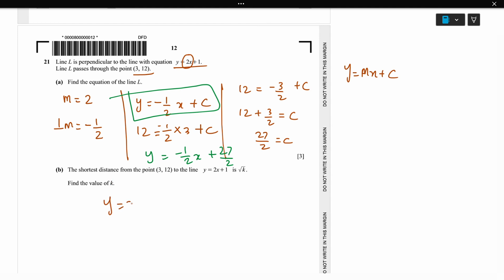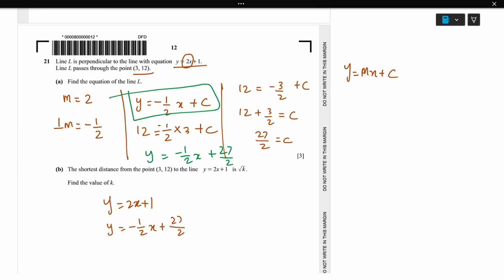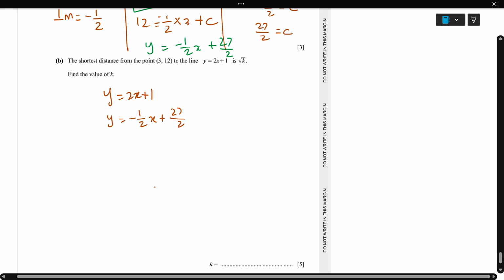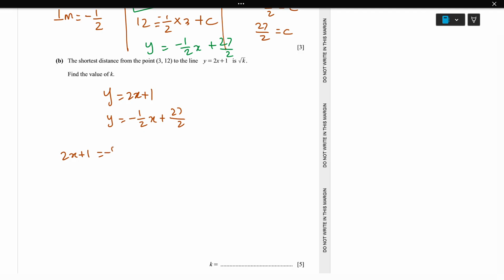Okay, so y equal to 2x plus 1 is one equation, another equation y equal to minus 1 by 2 x plus 27 over 2. So we will get the intersection point. I can equate 2x plus 1 equal to minus 1 by 2 x plus 27 by 2, because the left side is equal, the right side must be equal. So I'll bring this: 2x plus 1 by 2 x equal to 27 by 2 minus 1. 2x plus 1 by 2 x, which is 2 times 2 is here, the x should be on top.